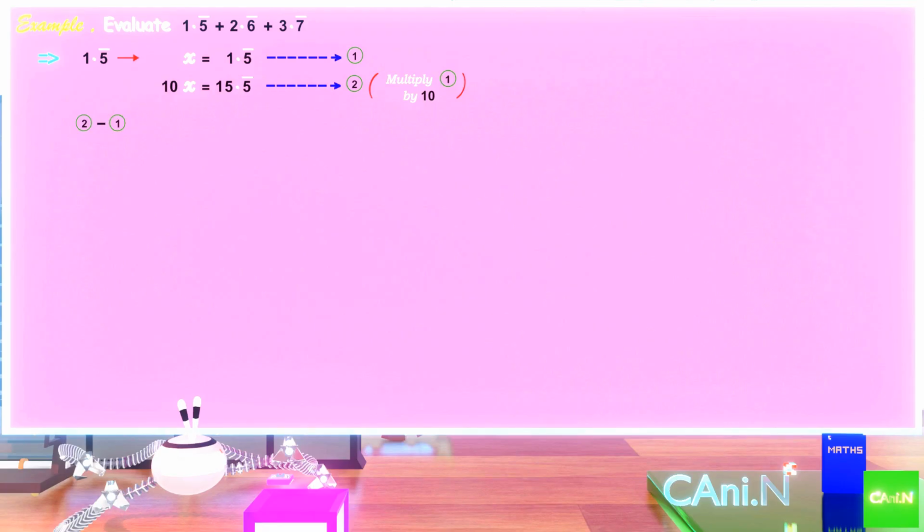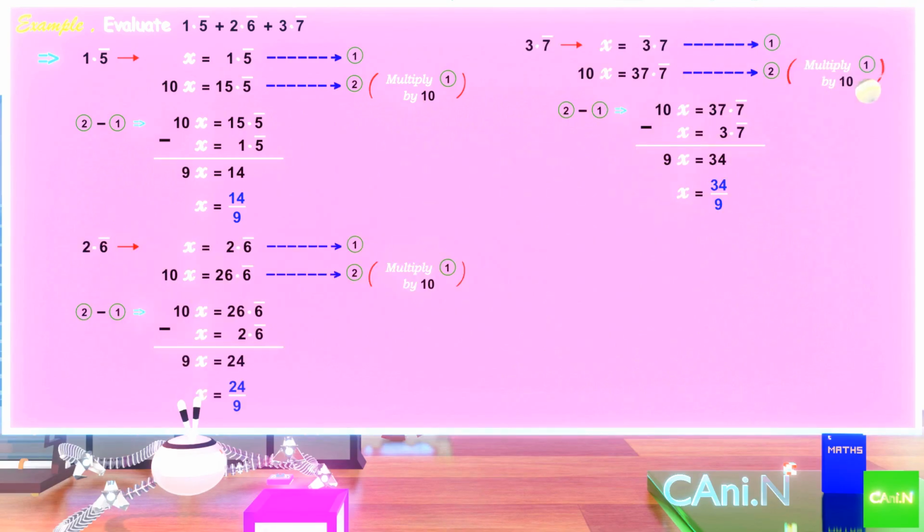Subtracting equation 1 from 2, we get x equals 14 by 9. Similarly, therefore, 1.5 bar plus 2.6 bar plus 3.7 bar equals 14 by 9 plus 24 by 9 plus 34 by 9 equals 72 by 9 equals 8.